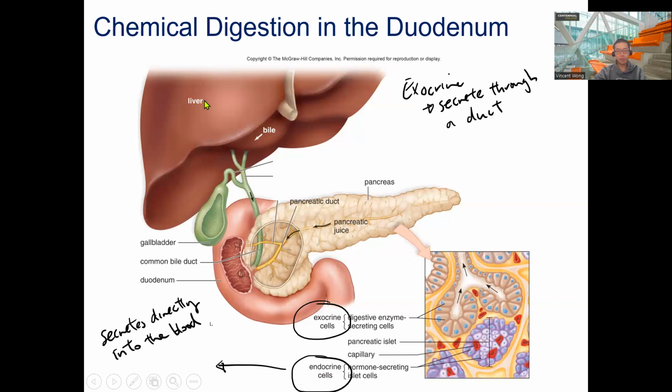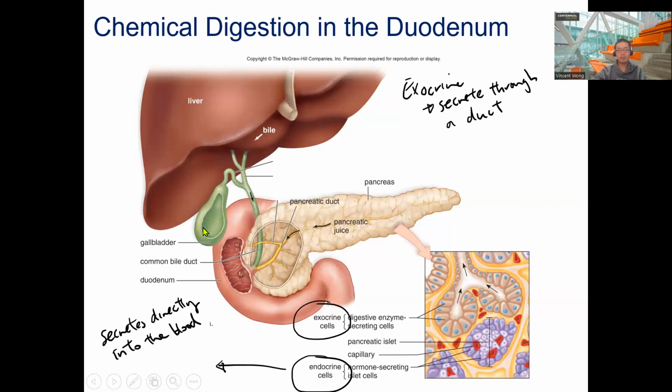The liver, which is on the upper right quadrant of your abdomen, amongst other things that it does, produces bile. Okay? It produces bile, and bile gets stored in the gallbladder. Right? We talked about bile briefly before. It contains water, bilirubin, a little bit of cholesterol, and we're going to store it in the gallbladder.